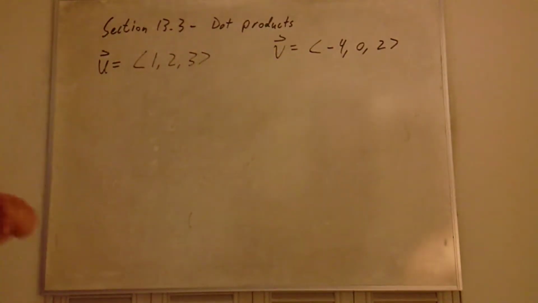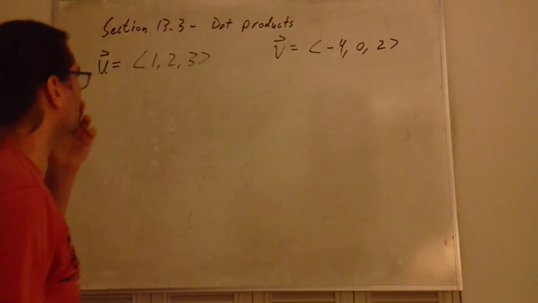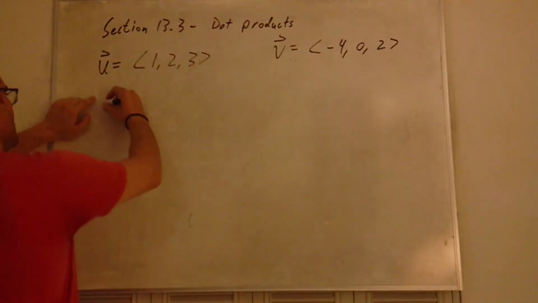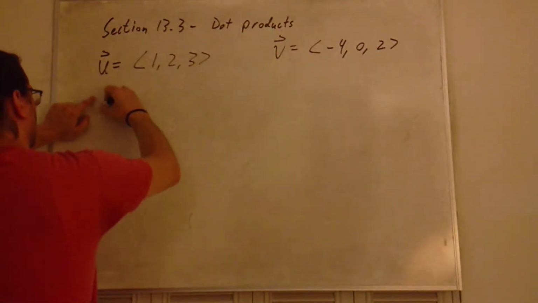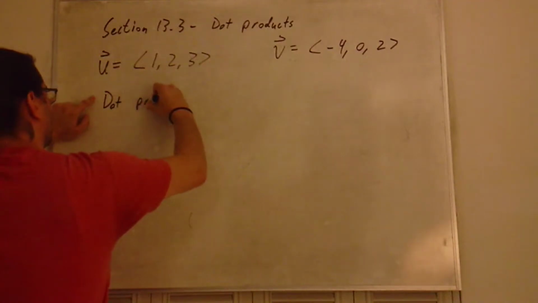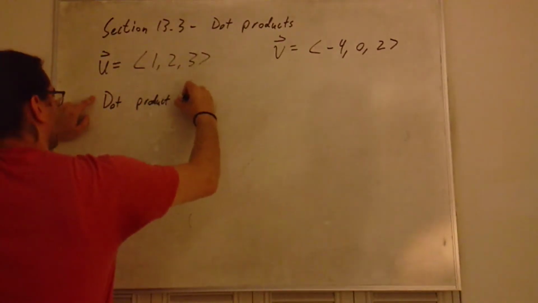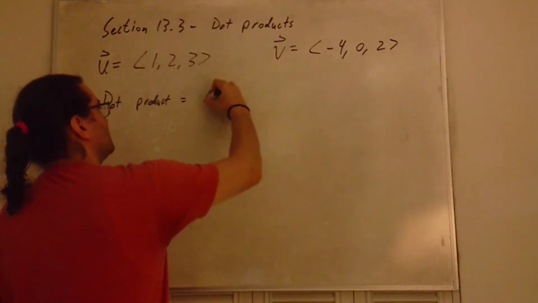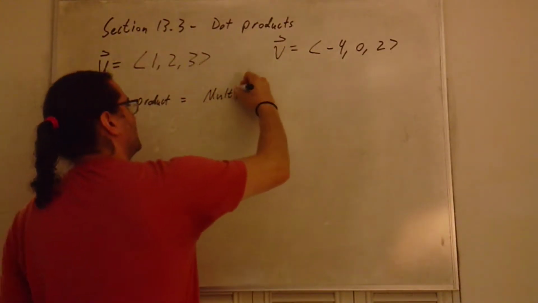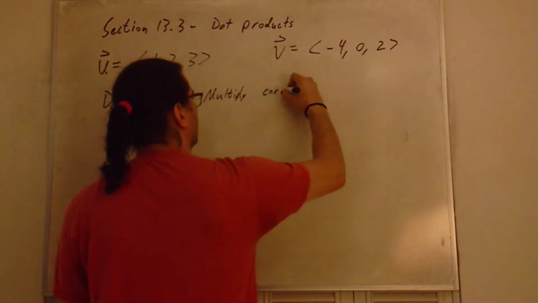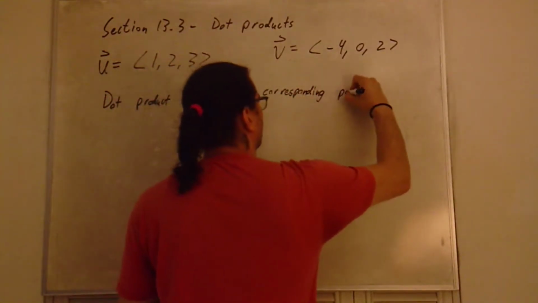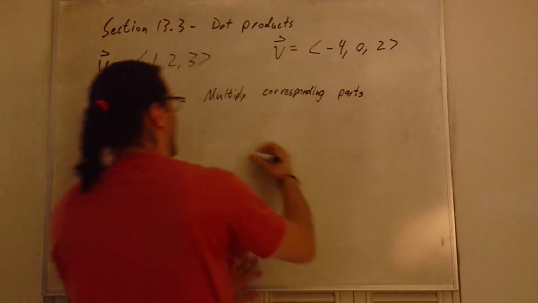This is 4 left, 0 up, 2 out. The way that you multiply these using a dot product is you multiply the corresponding parts and then add those together.